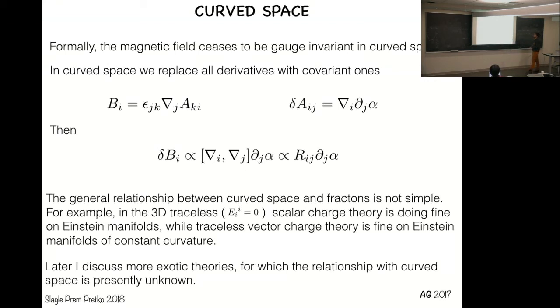It's a three-dimensional traceless scalar charge theory. Traceless means that there's a hard constraint that the electric field trace is 0, and scalar charge means that the Gauss law is ∂_i ∂_j E_ij equals rho. So for such a theory, the second I specify the Gauss law, I specify the gauge transformations, so I know everything about the theory. Such a theory cannot be placed in an arbitrary curved space, but it can be placed on an Einstein manifold, spatially.